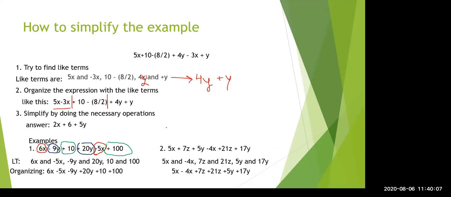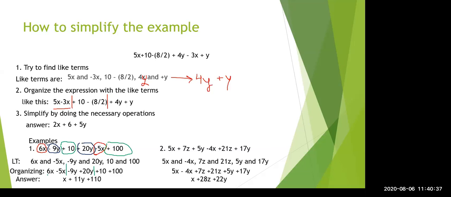So now we organize them. It's 6x minus 5x minus 9y plus 20y plus 10 plus 100. I didn't write this as a step, but you can do this if you want to make it easier for yourself. You can cut it into parts like I did here.